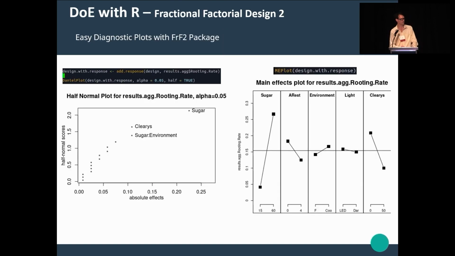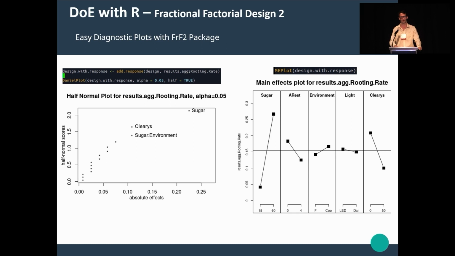So in factorial designs, one great tool is the half normal plot. The half normal plot basically just plots the absolute value of your effect estimate. And so the factors that are important end up deviating from what would be a straight regression line from the other data points that aren't labeled there.